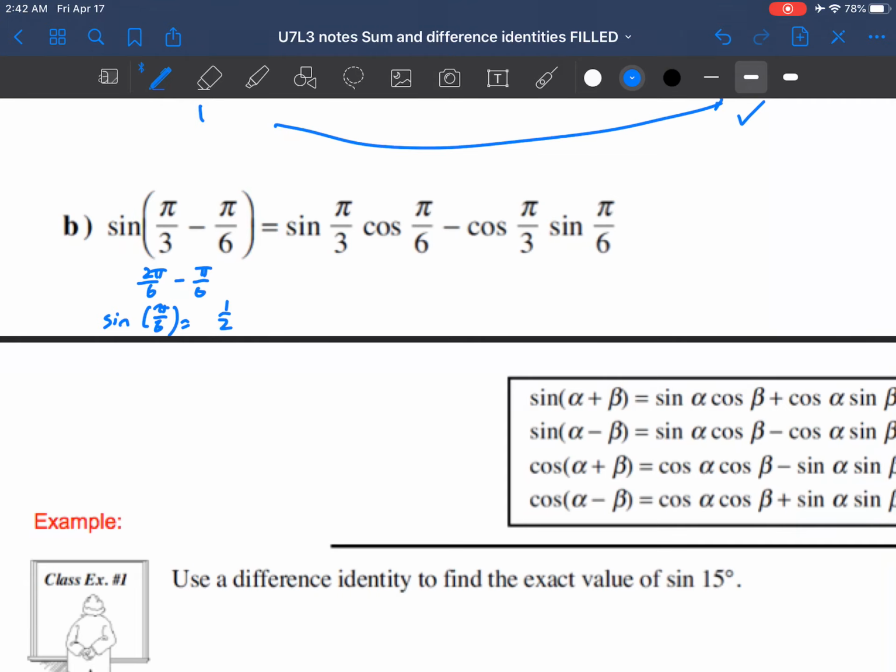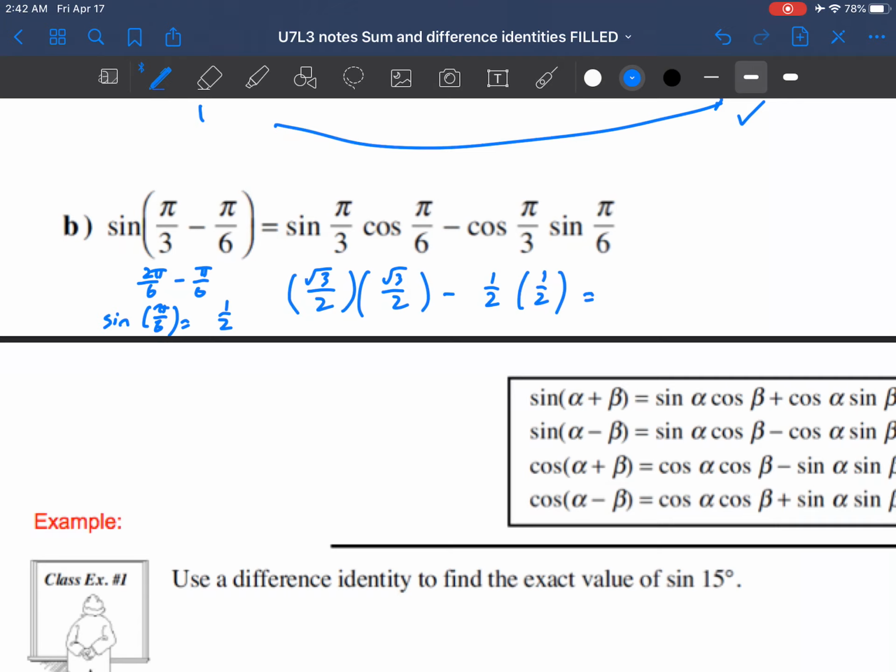Let's see if this works. Sine of pi over 3, so that's 60 degrees, that's going to be root 3 over 2. Again, I really hope you guys are good with your unit circle, because if you're not, you're in big trouble. Cosine of pi over 6 is also root 3 over 2. Cosine of pi over 3, that is cosine of 60, which is a half. And sine of pi over 6 is also a half.